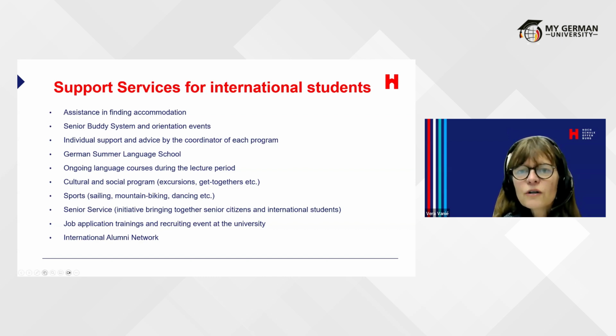We provide you a senior buddy who is going to orientate you just before arrival. He will pick you up at the station, sometimes even at the airport. And so you have really individual support. Even when you are starting your studies, every international master program has its own coordinator, and we have very small groups. We take 24 students per program each year.